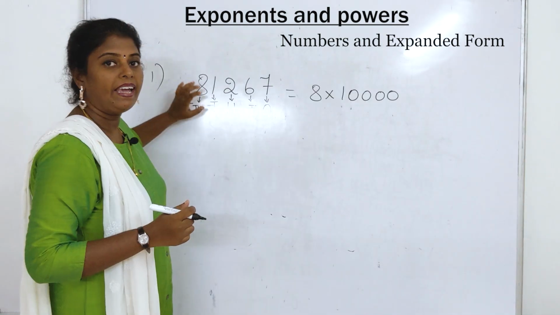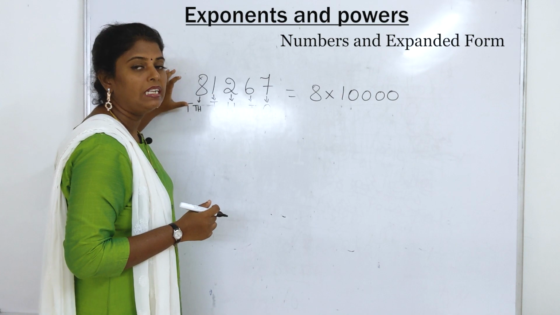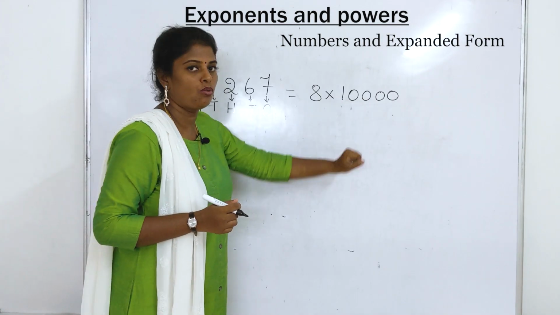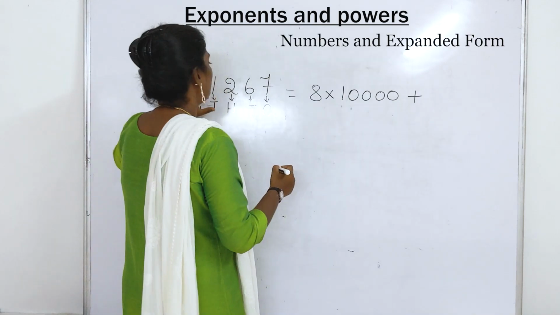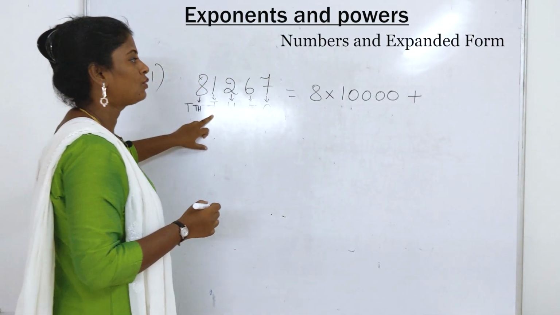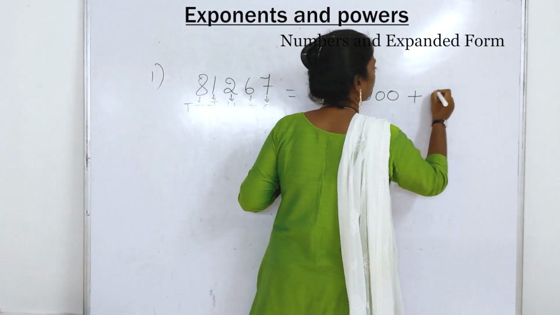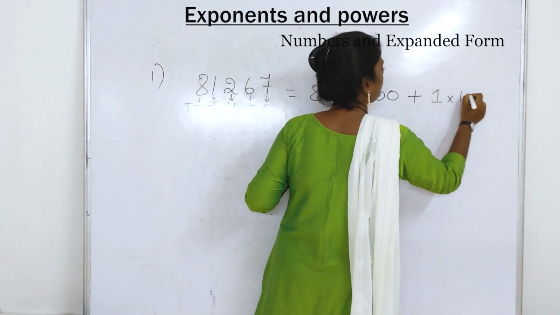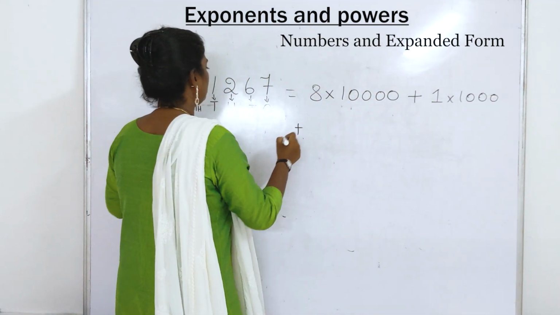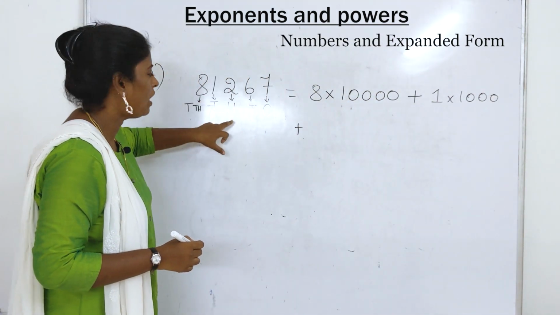That is, 8 is in the position of 10,000. So you have to write 8 into 10,000 plus 1 is in the position of 1000. So 1 into 1000 plus 2 in the place of 100.